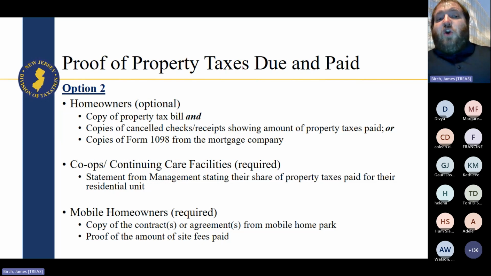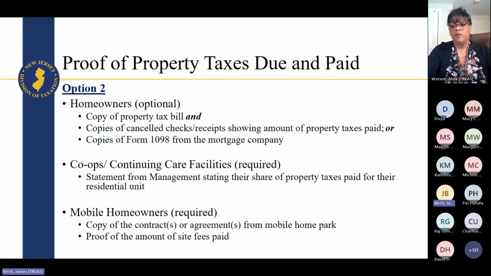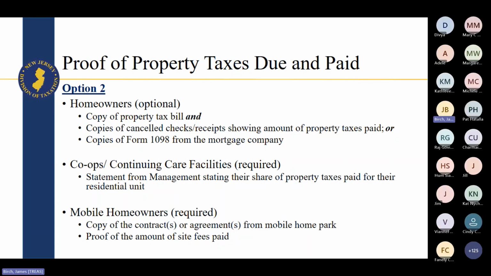If someone is in a co-op or continuing care facility, they can get a statement from their management stating their share of property taxes paid for the residential unit. A mobile homeowner is required to provide a copy of a contract or agreement from a mobile home park, which will show proof of the amount of the site fees paid.